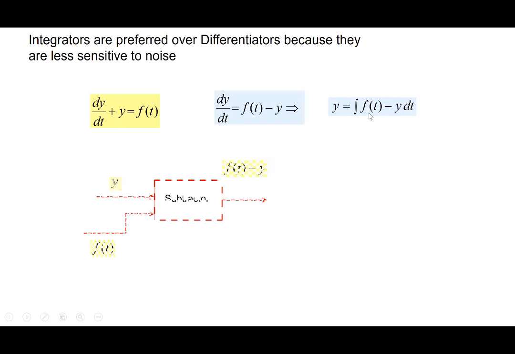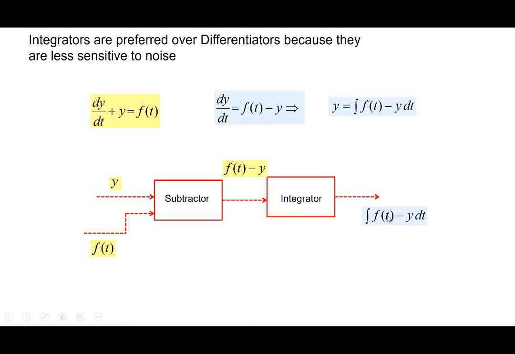So we take f(t) and y, and a subtractor gives us f(t) minus y. Then we build an integrator, and the output is equal to y, so we connect it back to the input. This uses an integrator rather than a differentiator, so it's more robust against any noise or non-idealities in the circuit.